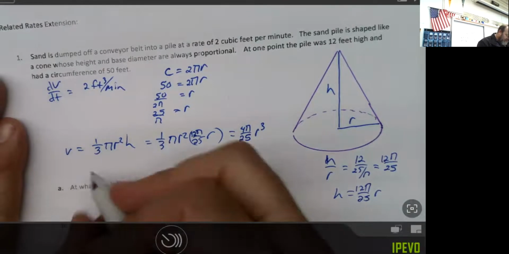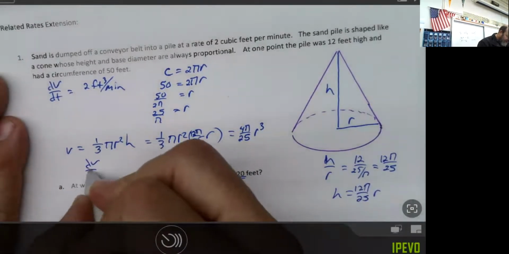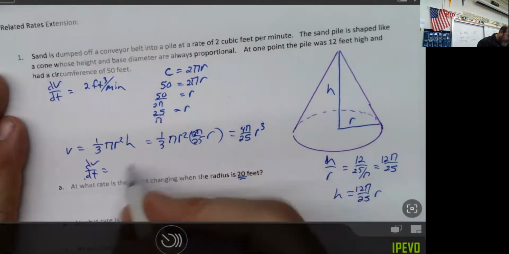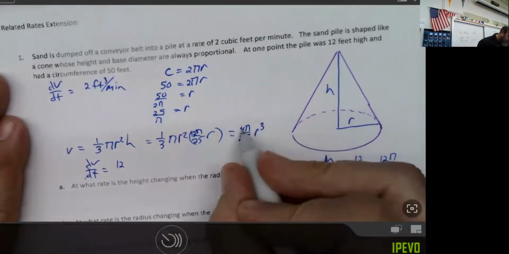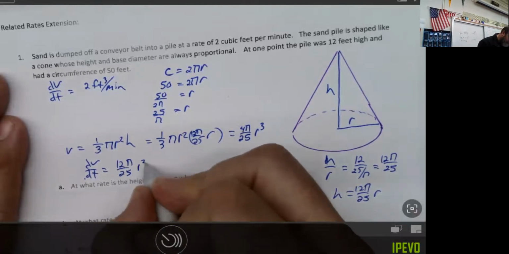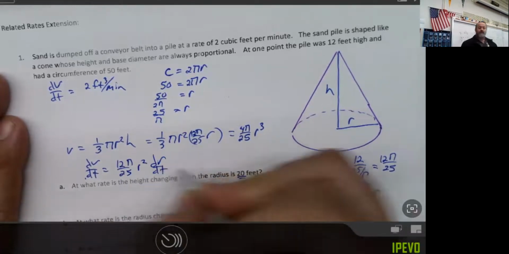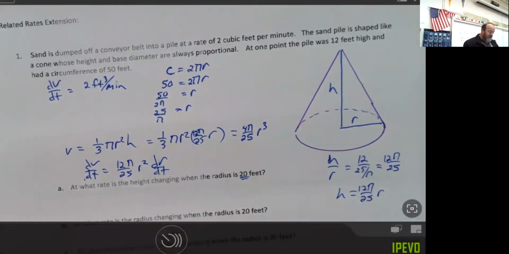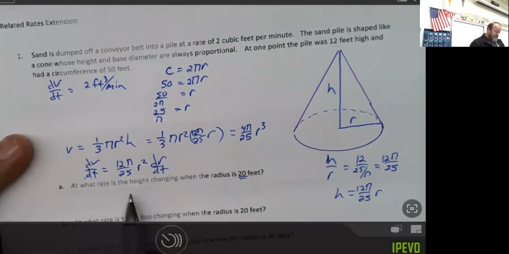So if I wanted to do a little calculus right now, I could say then that dV/dt, if I took this derivative, I would get 12, 3 times 4 is 12, pi over 25 r squared. But again, I'm not taking the derivative with respect to the radius, I'm taking the derivative with respect to time. So we have our given information because they told me I wanted the radius to be 20.